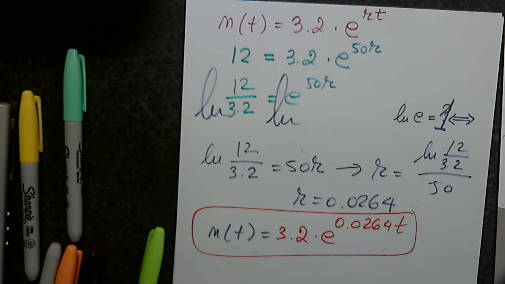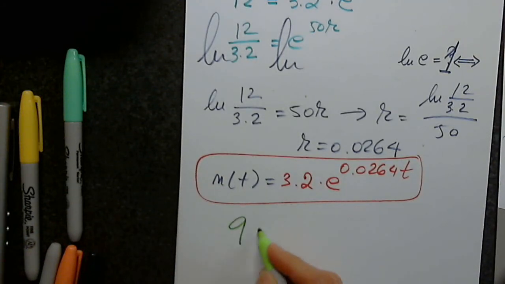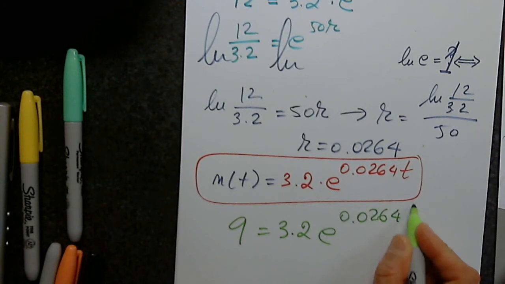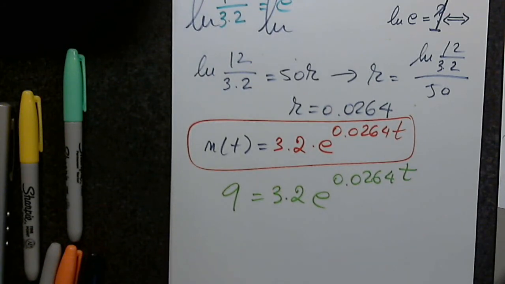Okay, part B of this problem. In which year will the Palestinian population be 9 million? In which year the population will be 9 million? Say it again. Very good. N of t is 9, indeed. Equals 3.2 e to the 0.0264 t. Awesome. How do I determine when?